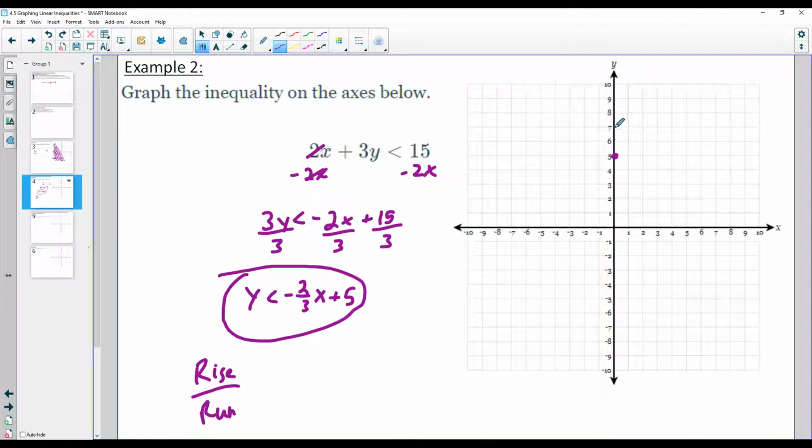So up 2, over 1, 2, 3. You only need to plot 2 points in Delta Math, but I can also go down 2, over 1, 2, 3. Rise 2, run 3. And now, since this is just less than, we're going to have a dotted line.